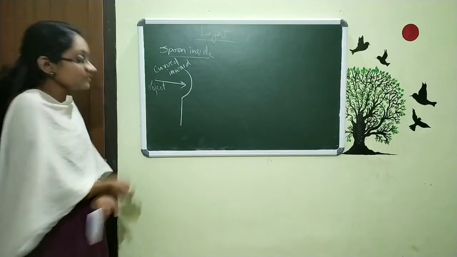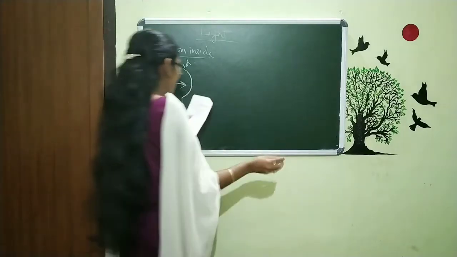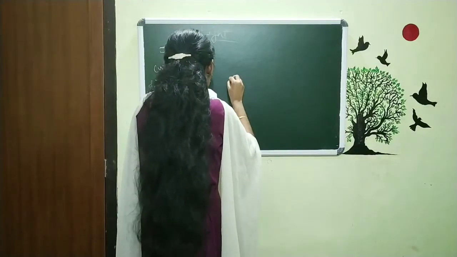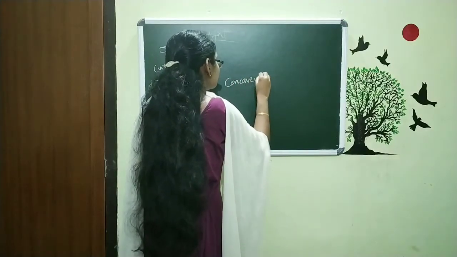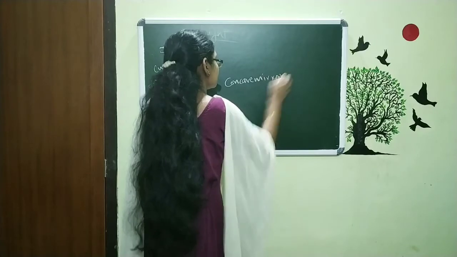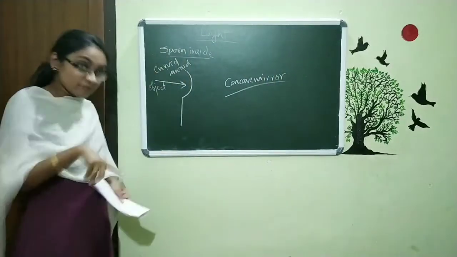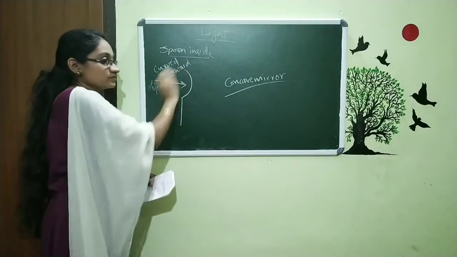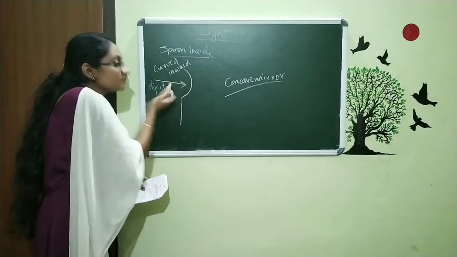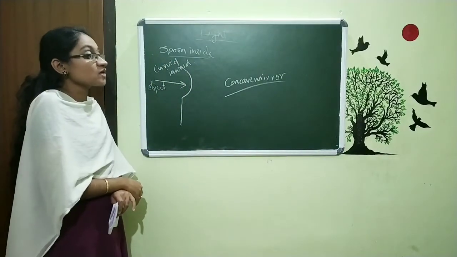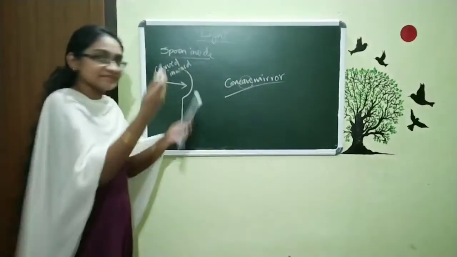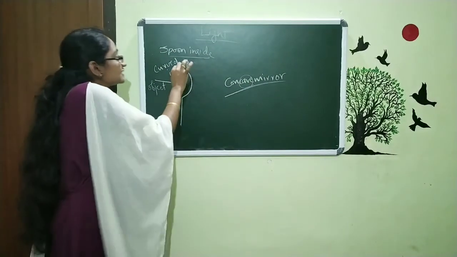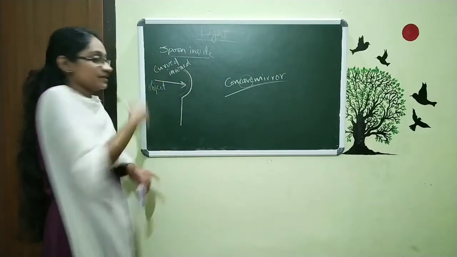Its name is concave. Here it is caved, that means it is curved inward, and so its name is concave mirror. Just remember, as it's a cave: for the cave it is having a hole. So the same thing is here, concave mirror.